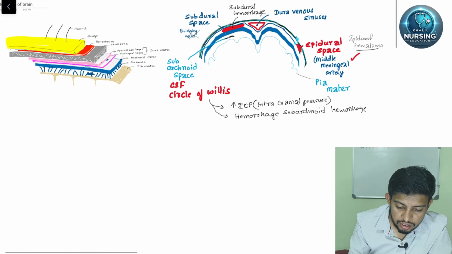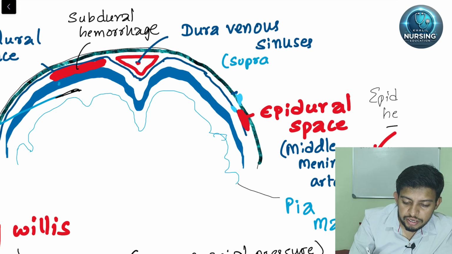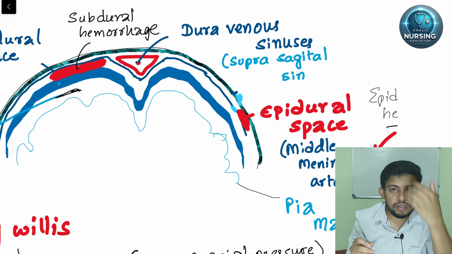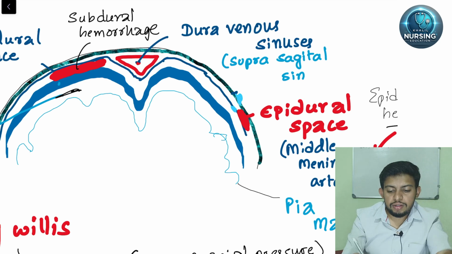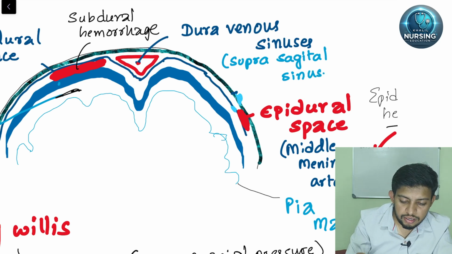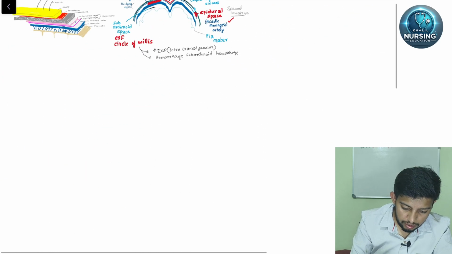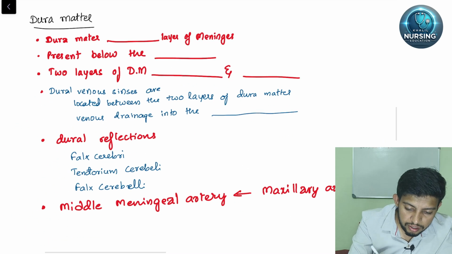This dural sinus we will call the superior sagittal sinus, because it is supra, above, superior, and sagittal section. Now we will see one by one about the dura mater. Firstly, we discussed the dura mater.